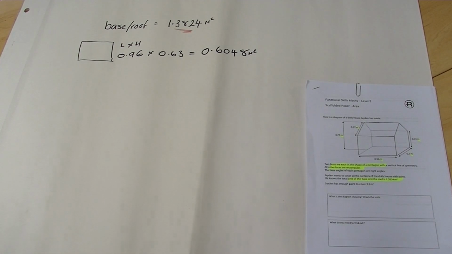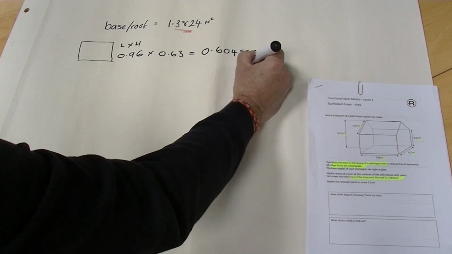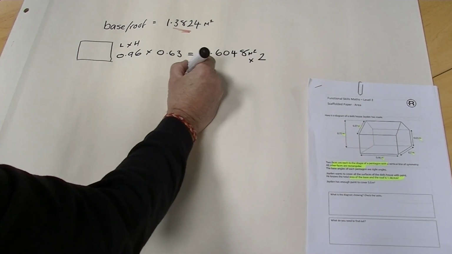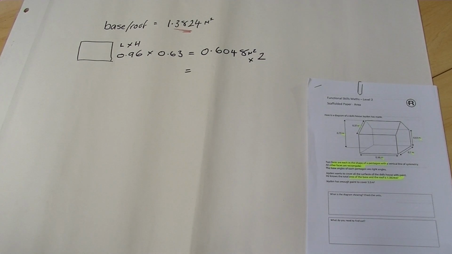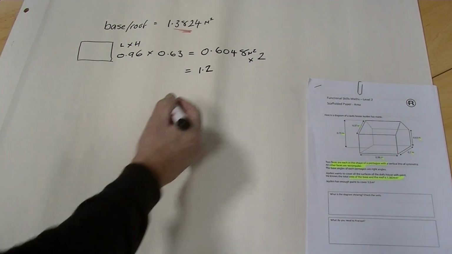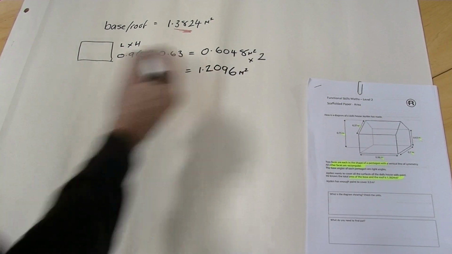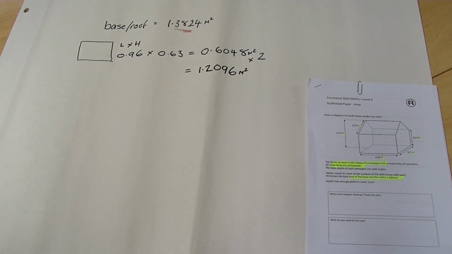There are two of those, one at the front and one at the back of the doll's house, so we're going to multiply that now by 2. So the front and the back of the house total is 1.2096 square metres.